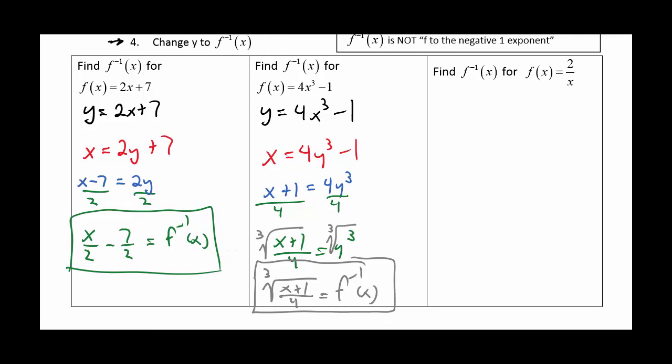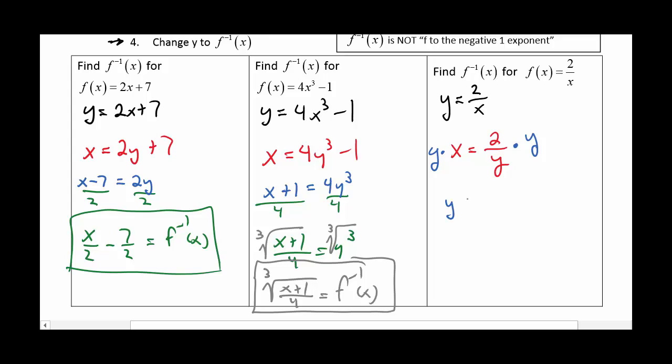Alright, last example of this. So replace the f of x with y. And then we're going to swap places. So x equals 2 over y. And then I want to solve for y. So I'm going to multiply both sides by y.